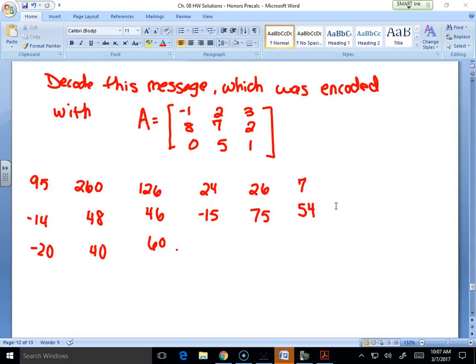Hope I spelled it right. If you have it, don't go telling people around because that'll ruin the fun. How do you decode if I give you the encoder matrix?